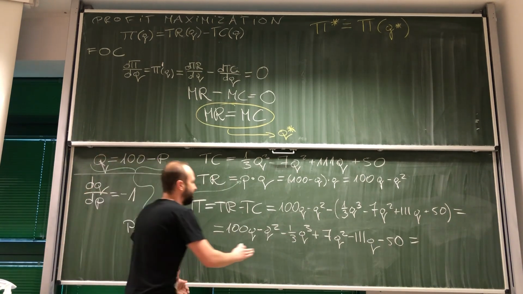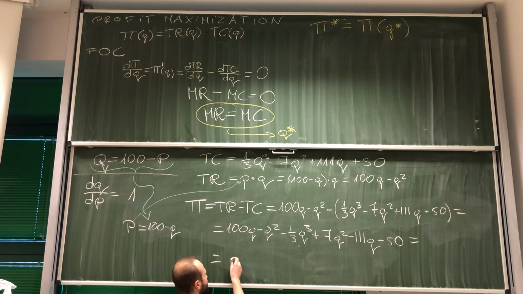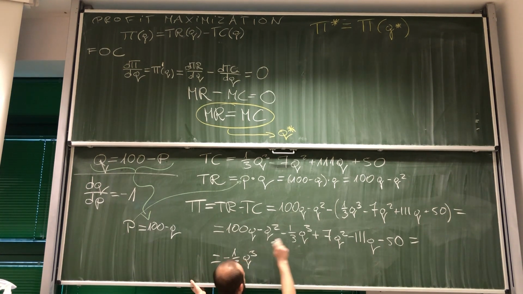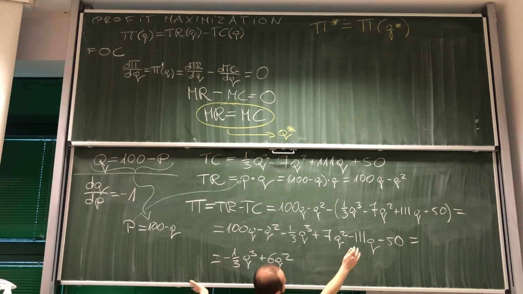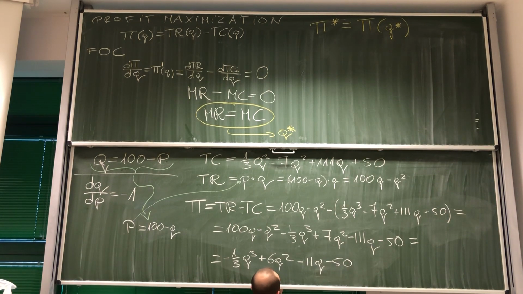And we can do a lot of it. Well, the expression with q cubed will definitely remain unchanged. Then we've got two expressions with q squared, so we've got that this is plus 6q squared. 100q minus 111q will give us a minus 11q, and then we just got minus 50.